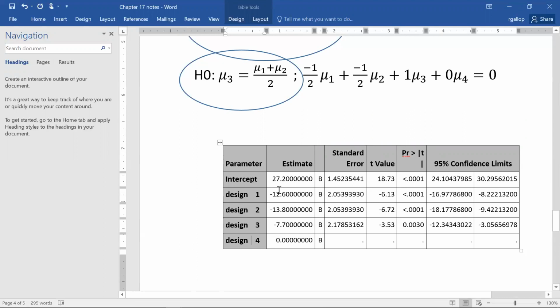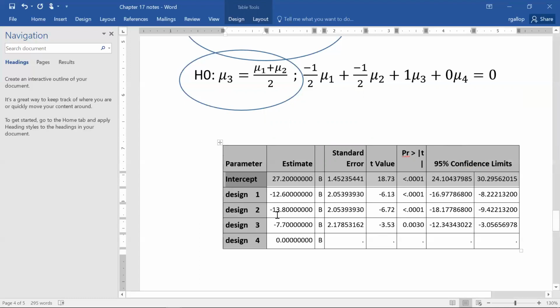regression coefficients. And right now, based on this, we know design 4 has an on average cases sold of 27.2, and we're 95% confident the true on average cases sold for design 4 of the Kenton data is between 24.10 to 30.30 cases sold on average.